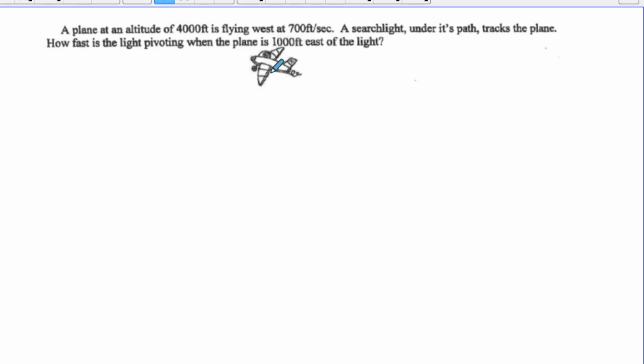A plane at an altitude of 4,000 feet. So you have this plane. I'm just going to save this drawing here. So here's the plane, and I just drew ground level beneath it, and so we're 4,000 feet up.